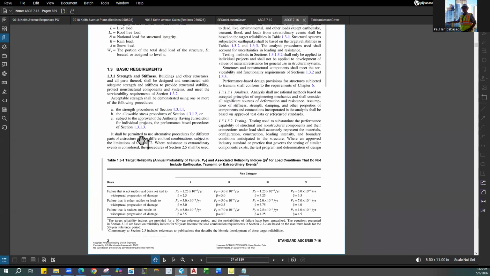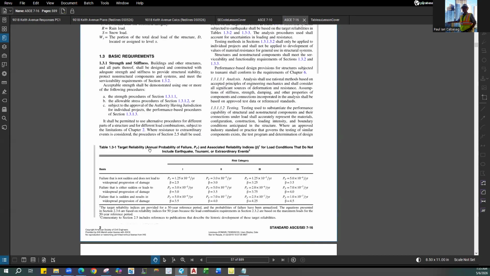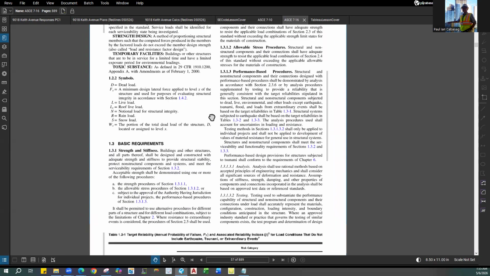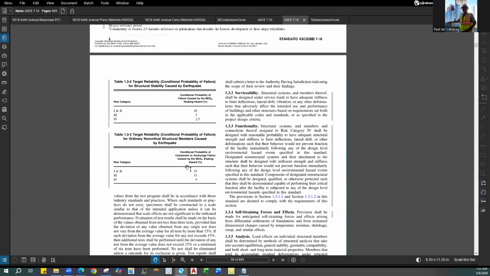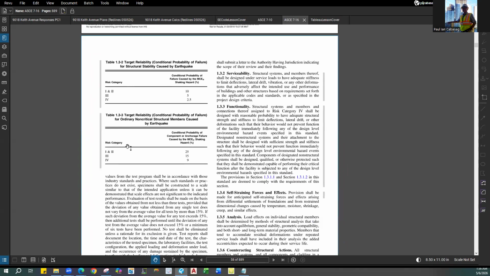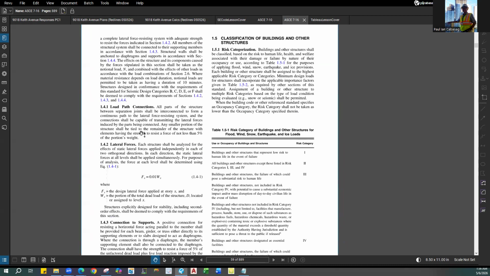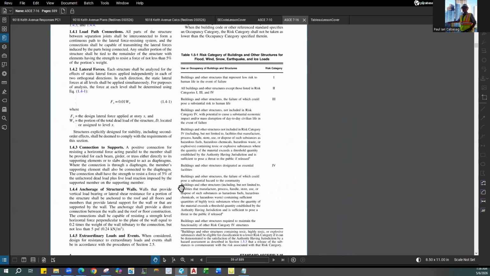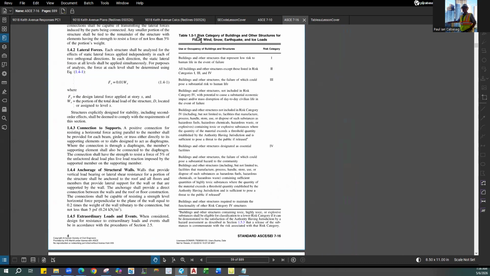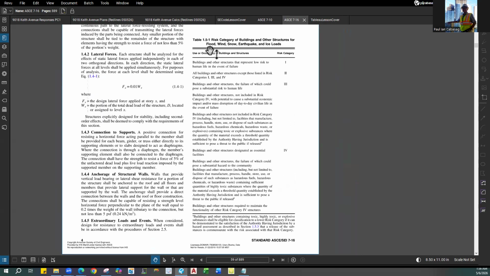Section 1.3 here has strength and stiffness, and also the performance basis. I think the most important part is the risk category. Usually the one that you use for design is Table 1.5-1. This table tells you the risk category of your building.